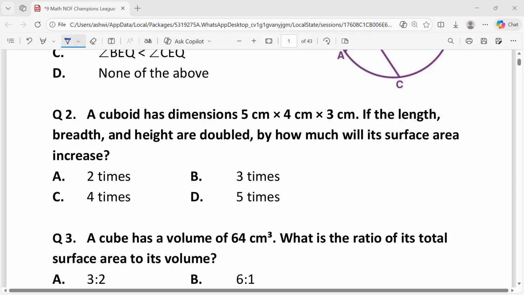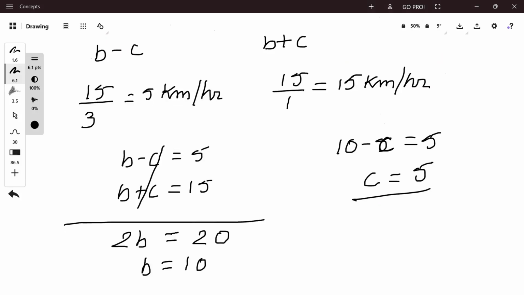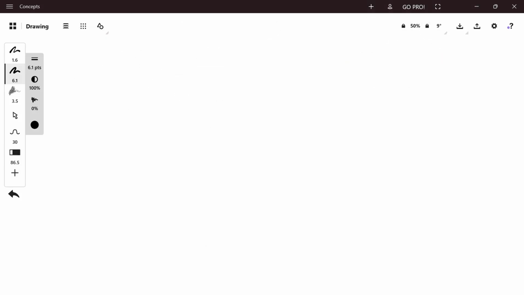Question 2. A cuboid has dimensions 5 cm, 4 cm, and 3 cm. If the length, breadth, and height are doubled, by how much will its surface area increase? The original dimensions are L as 5, B as 4, and H as 3.